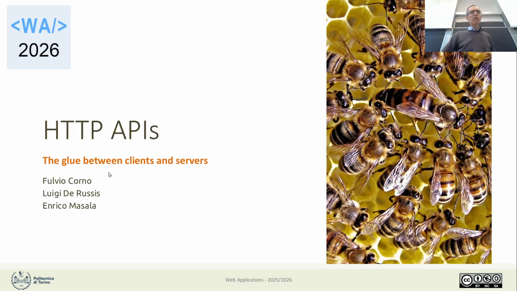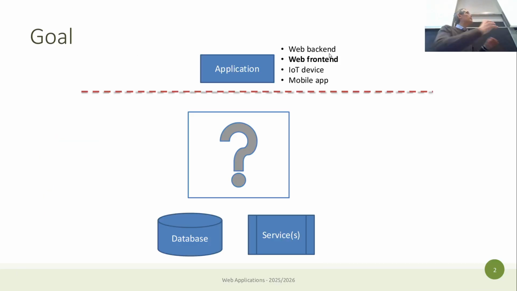So the glue between the client and the server, I mean the server business logic, I would say. So that's the situation we have. We have the application, okay? And we need to somehow communicate with the server, okay? So this line is sort of like the network, okay?